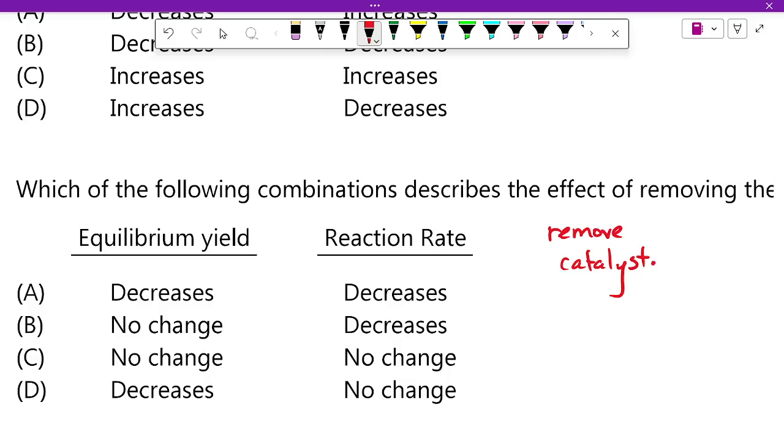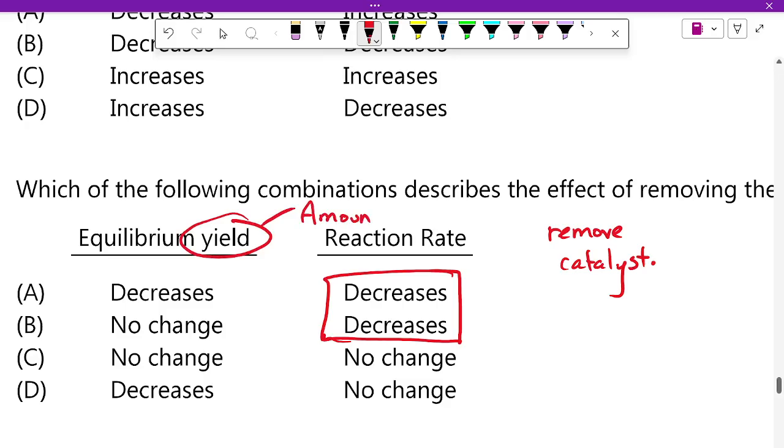No, what? If I remove a catalyst, what happens to the rate? It decreases. Catalysts make rate faster. If you take them away, it decreases. What happens to our yield? Remember, that's the amount of product. Do catalysts cause a shift?